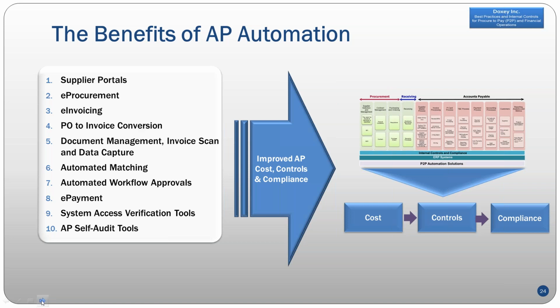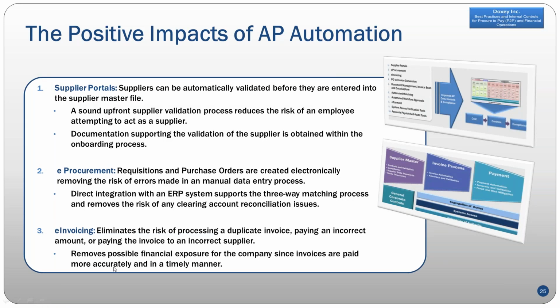We talked about segregation of duties and how you can control that with system access tools that help you identify any conflicts. And we mentioned moving some of these controls into a self-audit tool, and we can give you an example of that. What we're talking about is improved AP cost controls and compliance, and looking at how these automation solutions can support not only AP, but the P2P process. We'll get into a little more detail for each one.